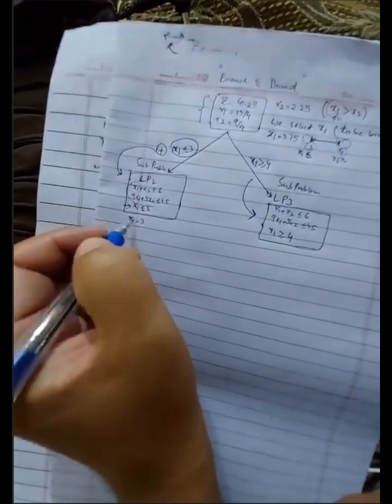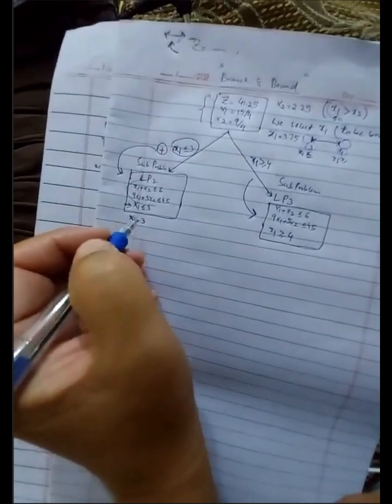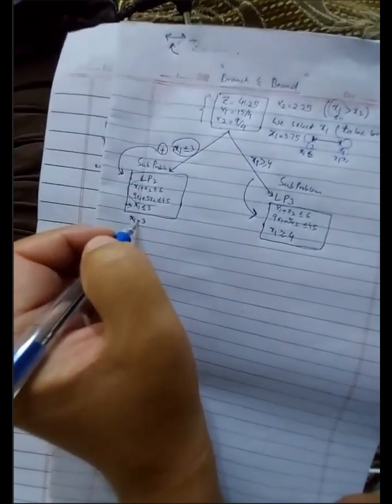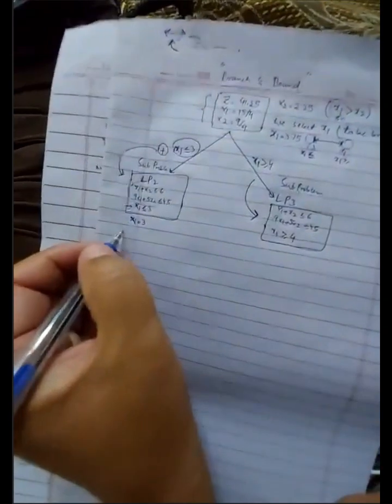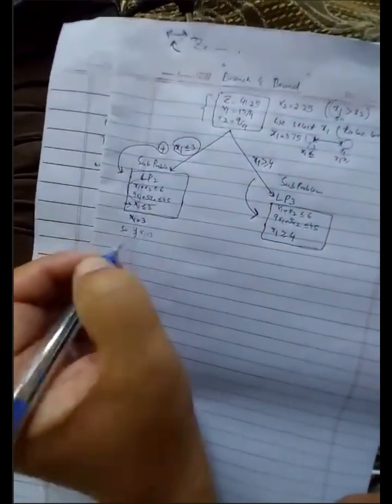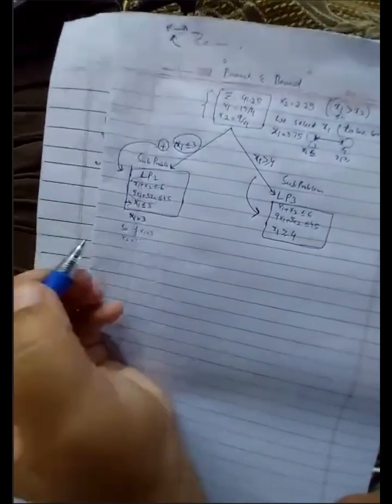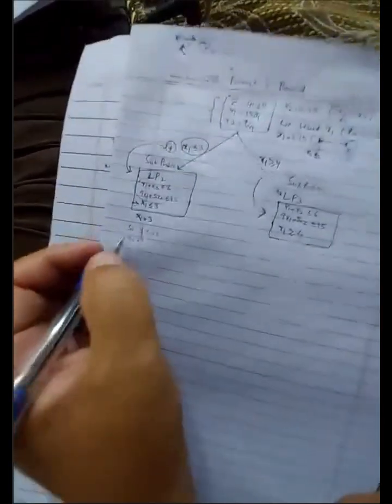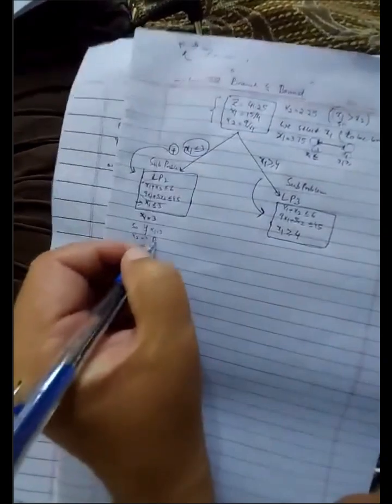Upon equating it to the right hand side, we found that x1 is equal to 3. So if x1 is equal to 3, x2 needs to be found.